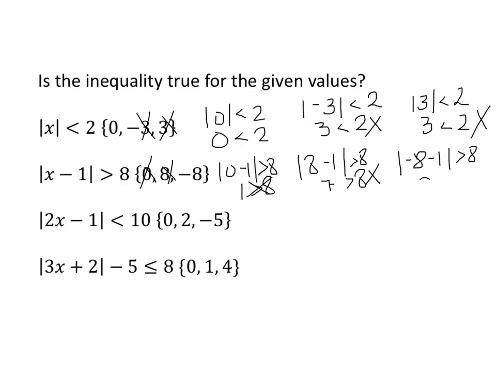Negative 8 minus 1 is 9. Is 9 greater than 8? I'll let you take a look at the next two. You can pause here and determine which values it is true for.